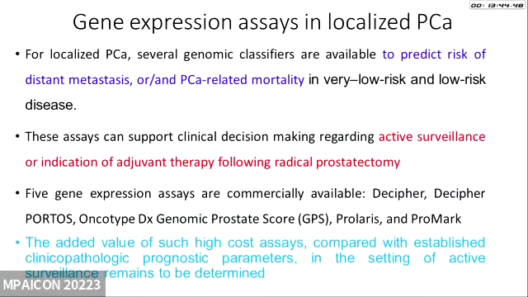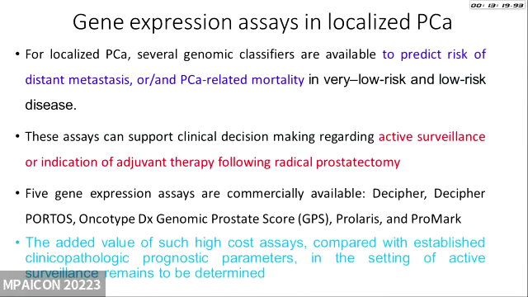Coming to gene expression assays in localized prostate cancer, we all are familiar with the Oncotype DX test in ER positive breast cancer. Similarly, there are gene expression assays in localized prostate cancer, and they are available to predict risk of distant metastasis and prostate cancer related mortality in very low risk and low risk disease.